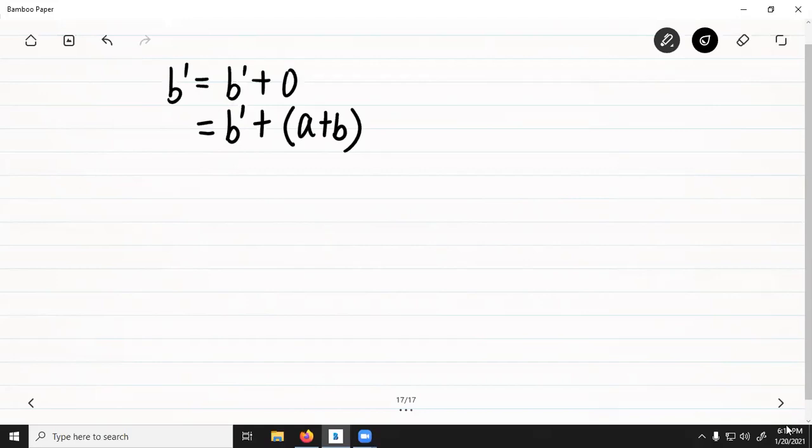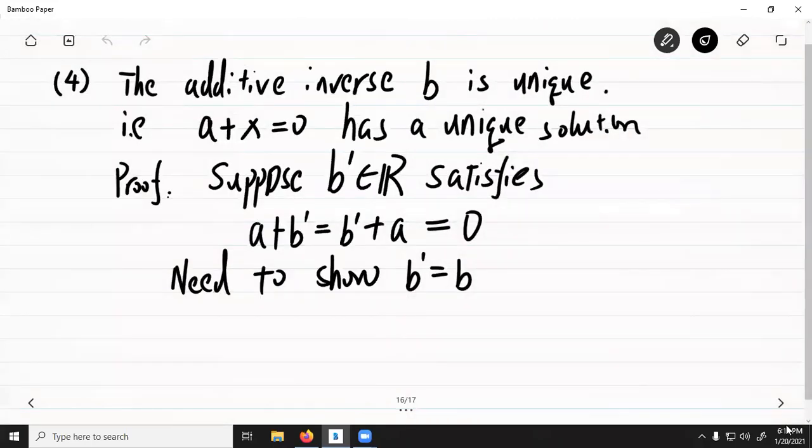Okay. Then we use the associative axiom. So we group B prime plus A first, then plus B. Right, this is the associative axiom. B prime plus A, how do we assume B prime? B prime means A plus B prime equals B prime plus A should be equal to 0. This is the assumption we already have, right?